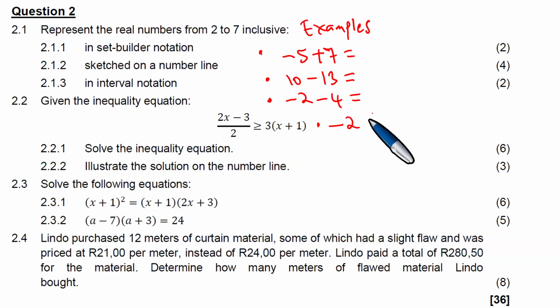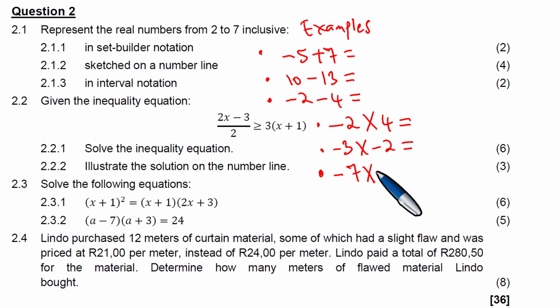Like minus 2 times 4 is equal to what? Minus 3 times minus 2. Minus 7 times minus 3.